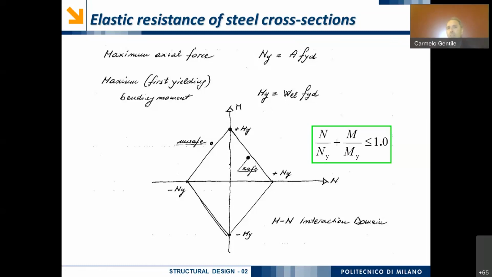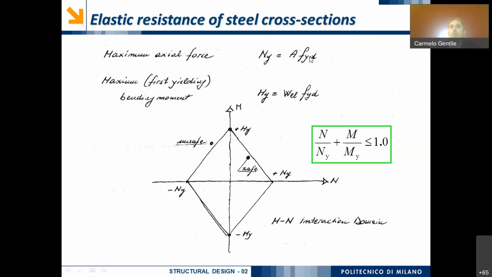Now let us assume that just an axial force is acting. The maximum value of the axial force is, of course, the axial force corresponding to a situation in which all the fibers of our cross section are subjected to a normal stress equal to Fy design.